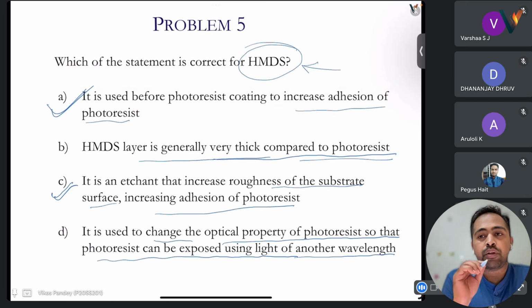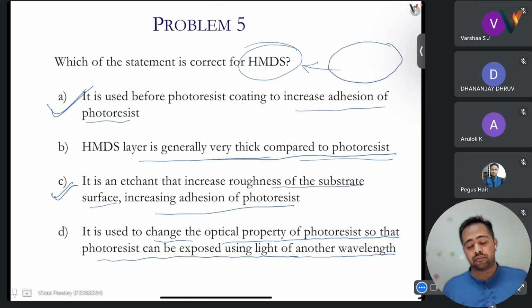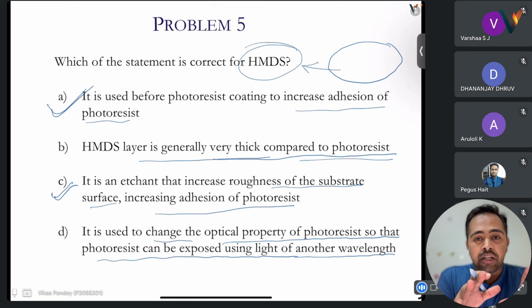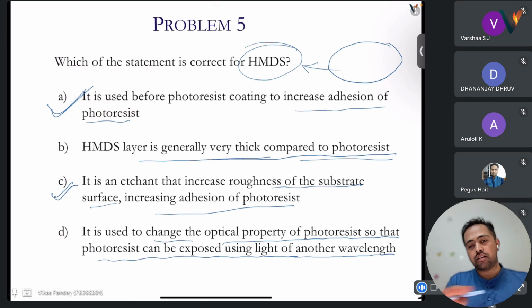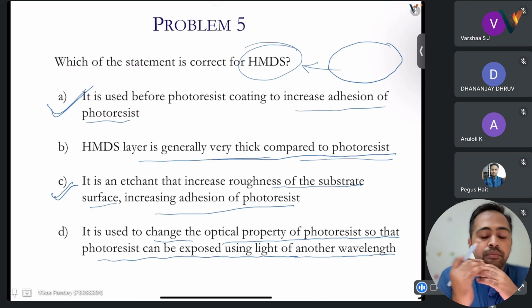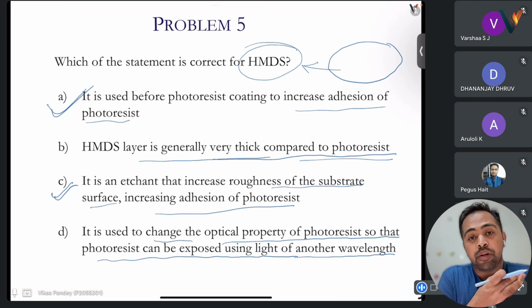And why is it done? Because generally what happens is that when we have the wafer and some metal is deposited on it, this metal will not have that smoothness to have a very good layer of photoresist over it, and in that case the photoresist will not stick properly.